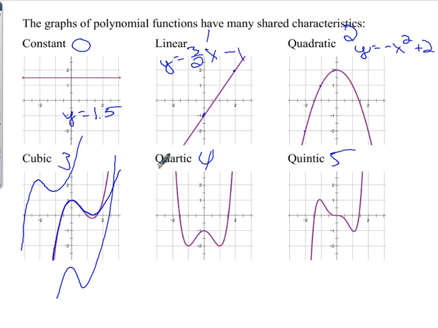How about a quartic? You can have 4. You can have 2. Can you have 3? There's 1, there's 2, there's 3. You also have 1. Or you have 0. Could you have 1? Yeah. Go down, touch it.